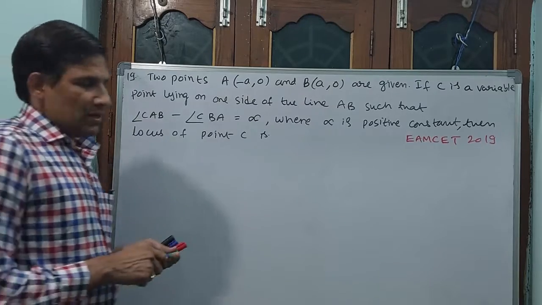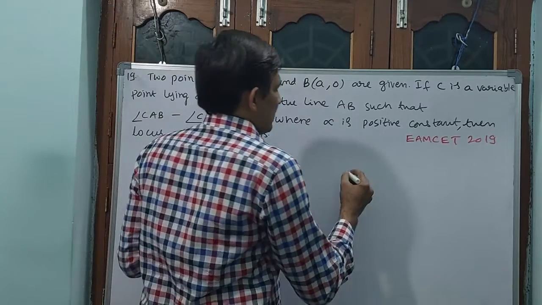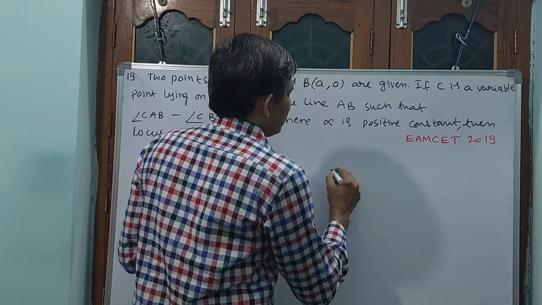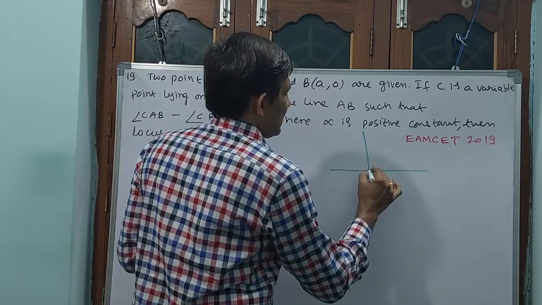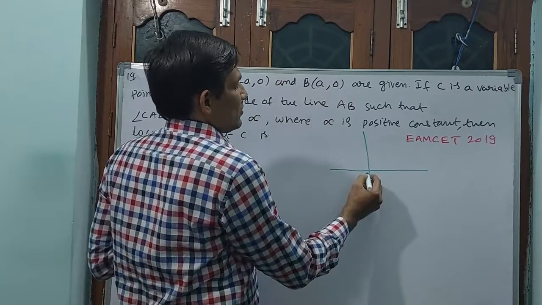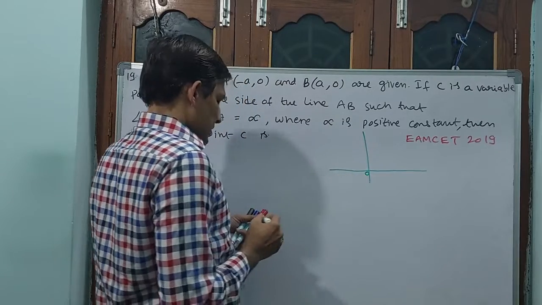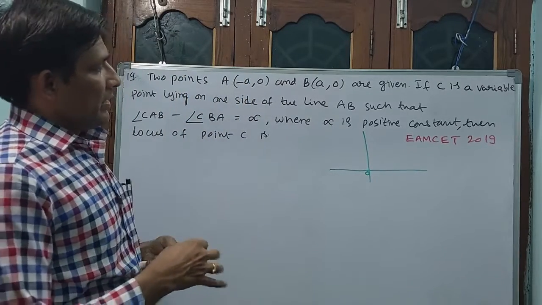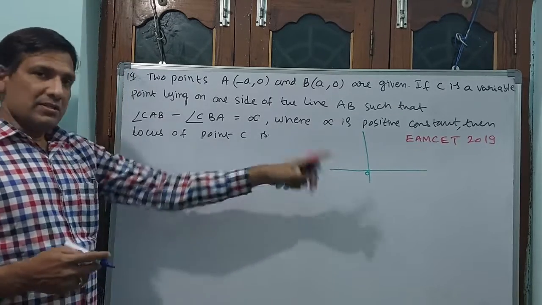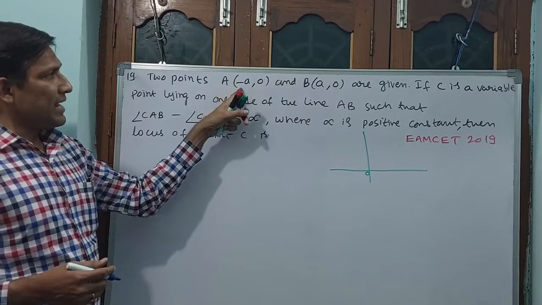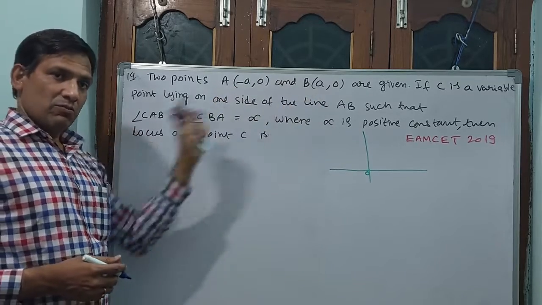You see, I am drawing one diagram. Then you can understand, or else we are not able to do this question. Okay, see here. This is the origin O. Why have I written the origin and both sides? Because you see minus a and plus a both are there, so both sides you have to take.